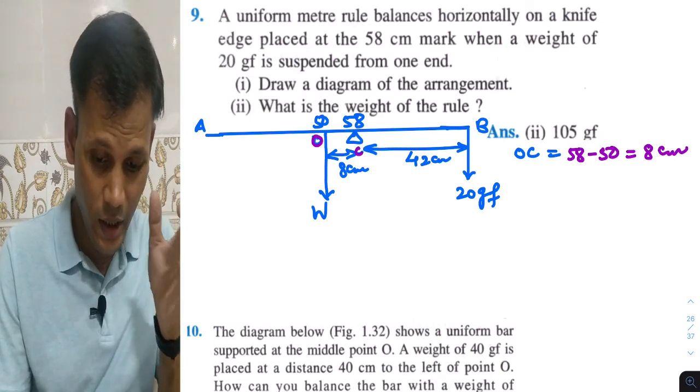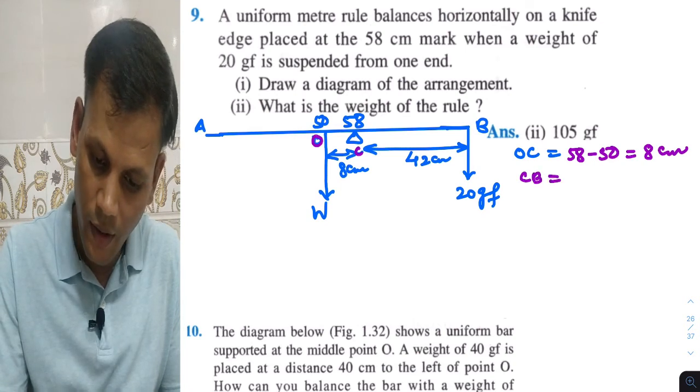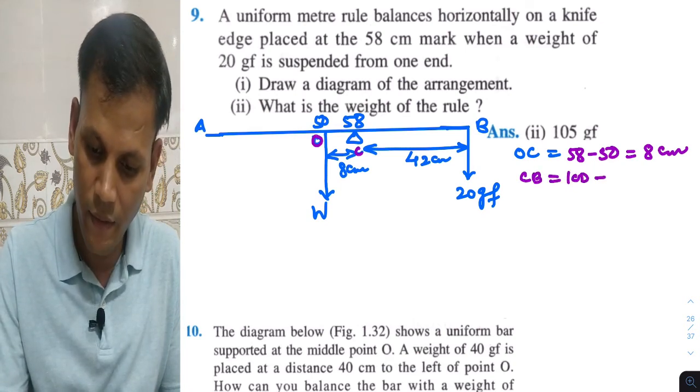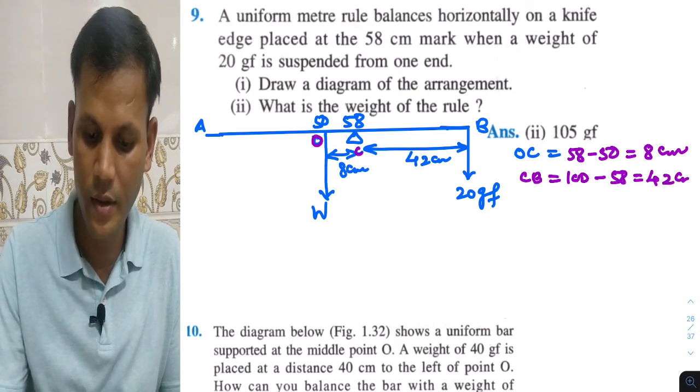And next is CB. CB will be 100 minus 58, that is 42 centimeter.